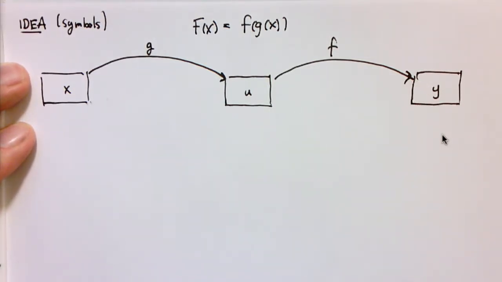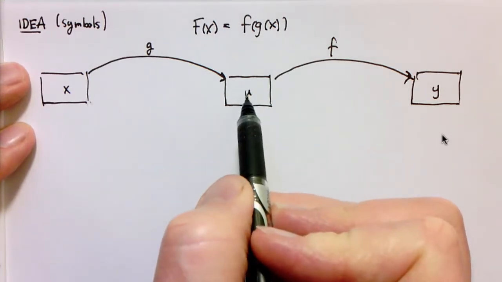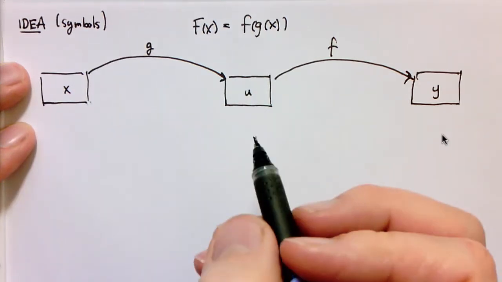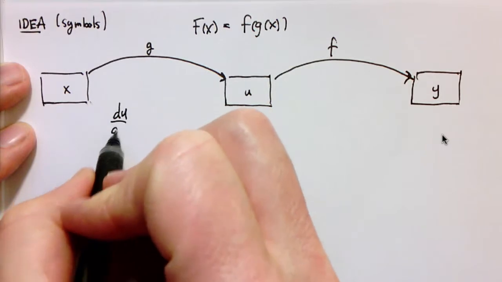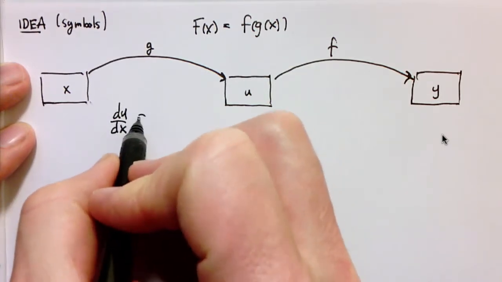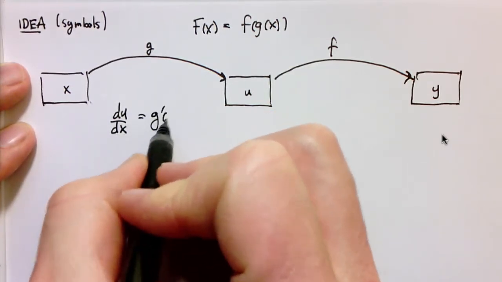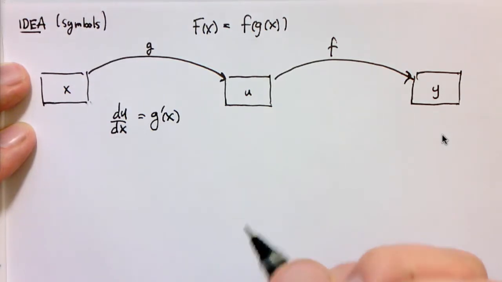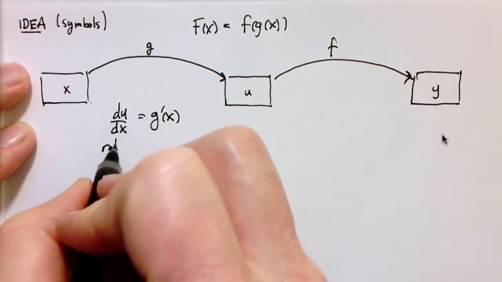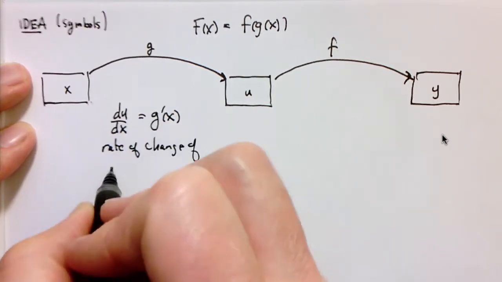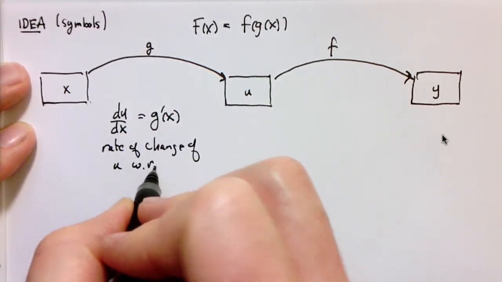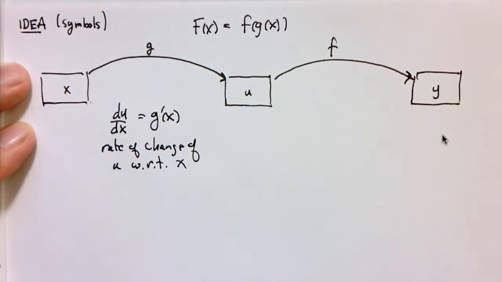Right. Let's stick with the idea of rates, but now we're going to write it symbolically. What is the rate of change of u with respect to x? We call that du dx, or g prime of x. So this is the rate of change of u with respect to x.